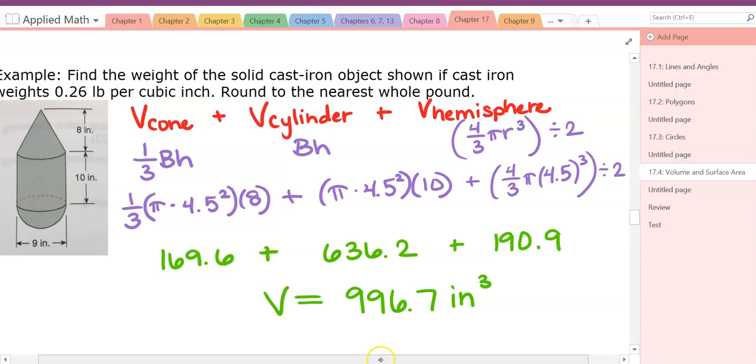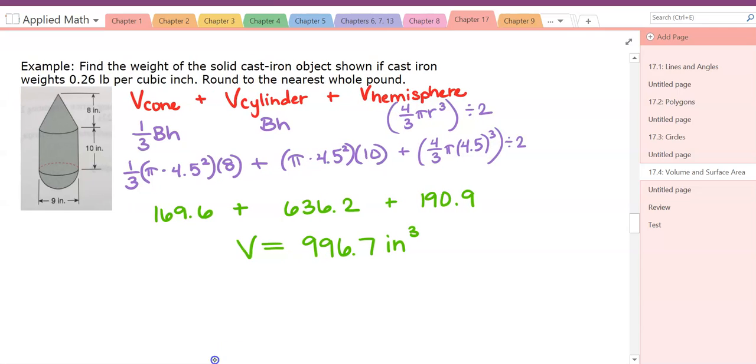Now they want to know how much it is going to weigh. So for every 1 cubic inch, it weighs 0.26 pounds. So what we need to do to figure out the weight of this shape is take our 996.2 or .7 and multiply by that 0.26.